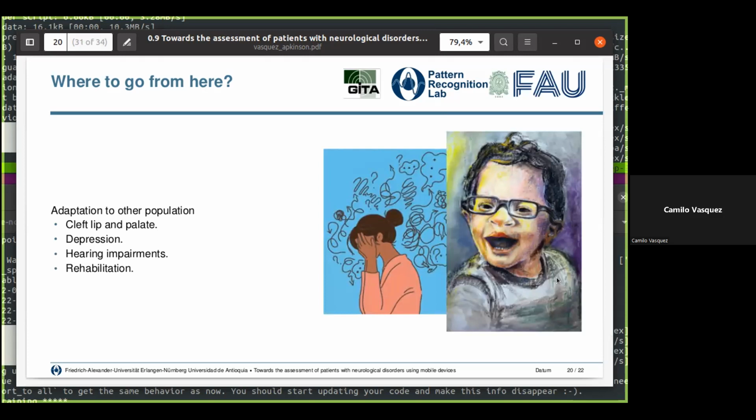Also, this is just a first use case of an app for the assessment of pathological speech. This can be adapted to other populations like children with cleft lip and palate, patients with depression, patients with hearing impairments, and in general, patients that have to do some rehabilitation after a stroke, among others.